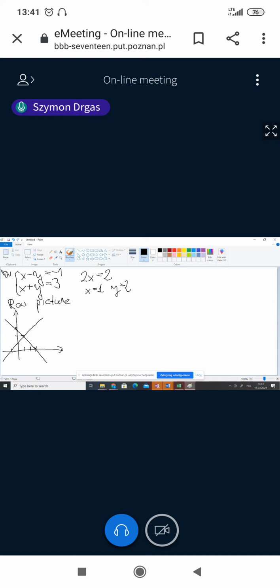And so that's the first picture. When we have just two variables, each row represents a line, and the intersection of these two lines is the solution.